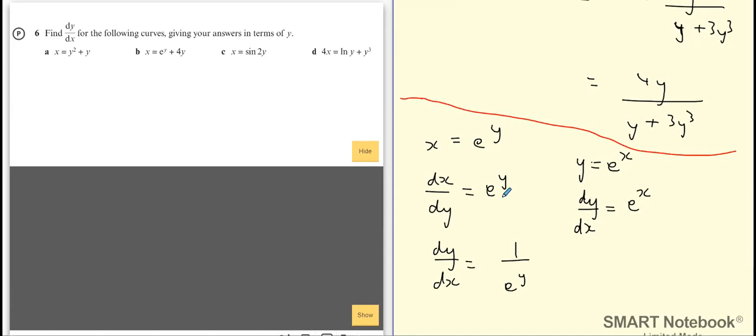I'm literally doing an exact comparison of here to here. These two are equivalent, so therefore these two must be equivalent. What's the differential of y? The differential of y is 1, so it's 1 e to the y, which is e to the y. The differential of y is not y. Okay, does that make sense? Please let me know.